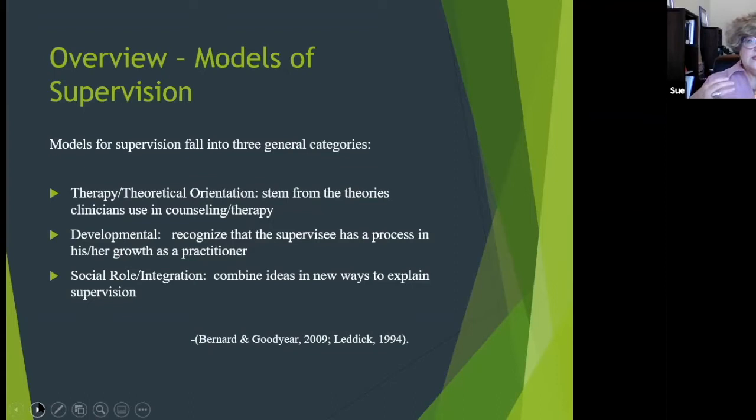I remember going to a presentation for supervision and the presenter saying, if you ever get brought before the board of your licensing board around supervision, you want to be able to speak to the model that you're working from. Here's the model. I work from a theoretical orientation, and this is how I present it to my supervisee. My supervisee understands it. Here's the framework. You want to be able to explain all of that and not say, well, I just basically tell them what to do. I really don't have a model that I work from. So this is a consideration ethically that you're working from a model of supervision.